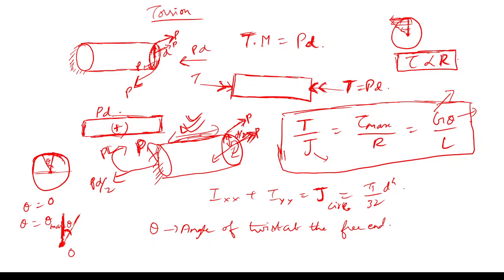So from this, what can we infer? Theta is directly proportional to the length of the shaft.